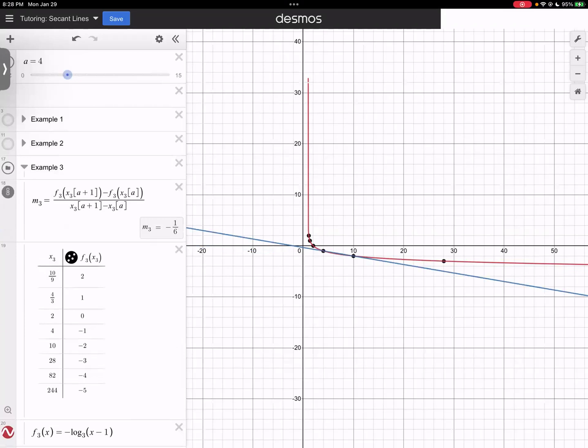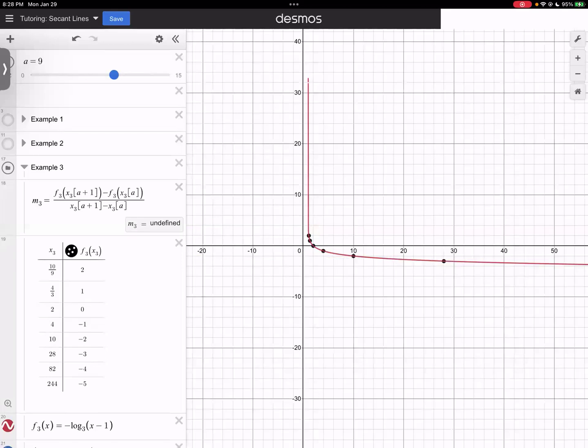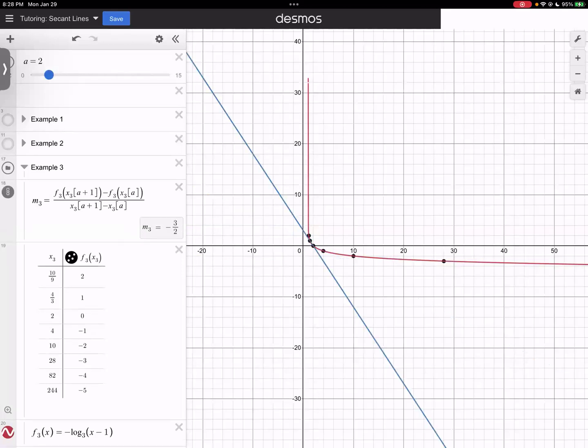Actually, I can press the fraction button. You can see it, negative 1/6. There was the negative 1/18. I think I might have done something wrong. Maybe I just have a different value on the table that I don't have on the chart. Anyways, as you can see, as we go further and further right, the slope is less and less negative. It's becoming closer and closer to 0 as this function continues to be concave up.